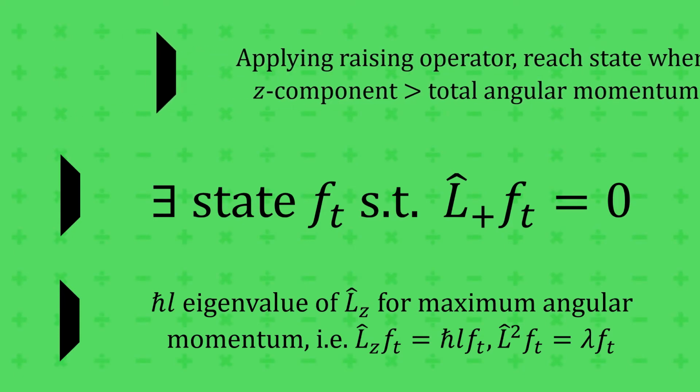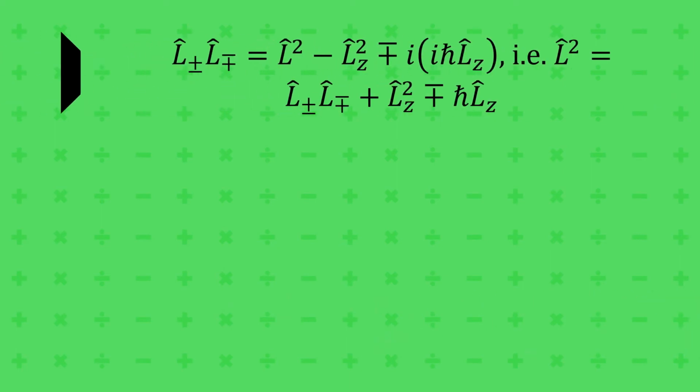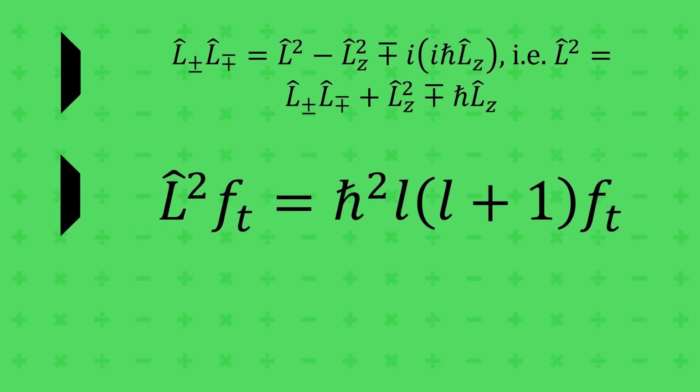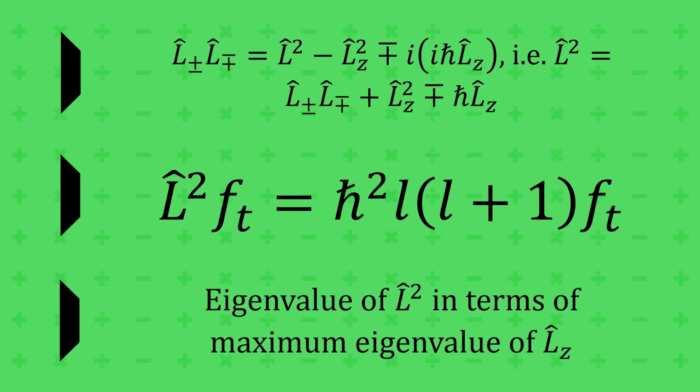If we keep applying the raising operator, we'll reach a state where the z component exceeds the total angular momentum. So, there is a state ft such that L hat plus ft equals 0. Let h bar L be the eigenvalue of L hat z associated with the maximum angular momentum, i.e. L hat z ft is equal to h bar L ft and L hat squared ft is equal to lambda ft.